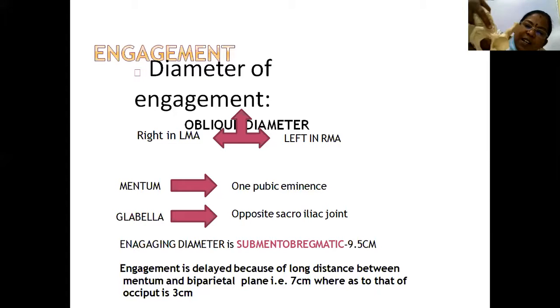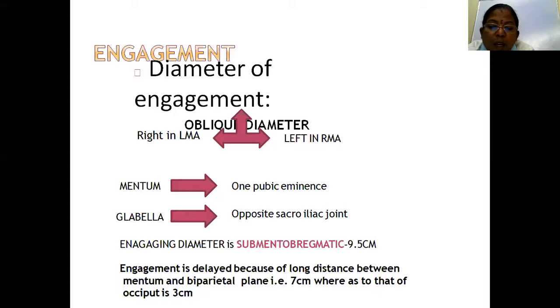I know it is very difficult for you to understand this, but there is no option for us. So mentum is at one pubic eminence and glabella is at the opposite sacroiliac joint. The engaging diameter is submentobregmatic, 9.5 centimeters.